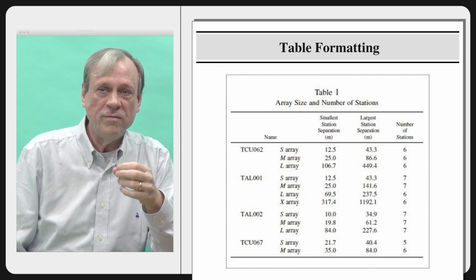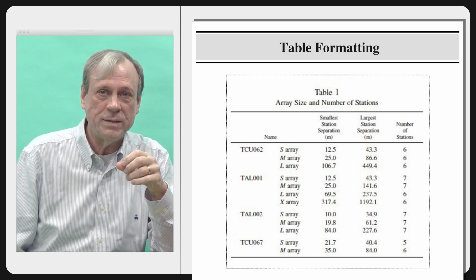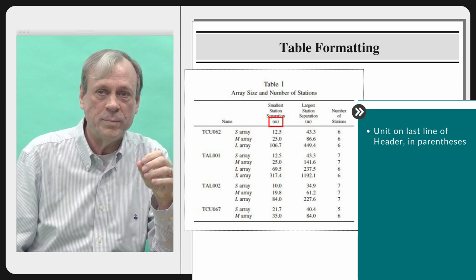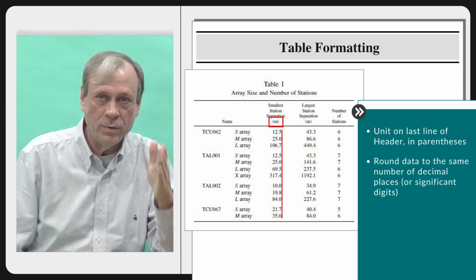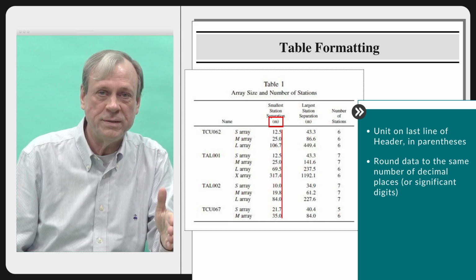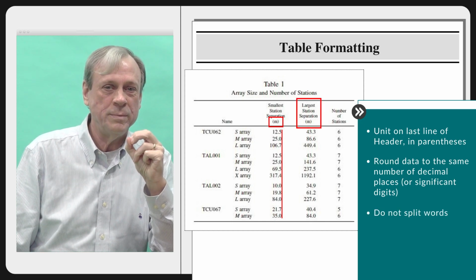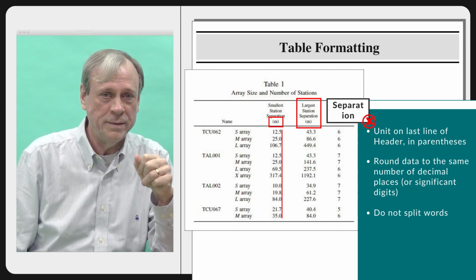So this is a well-formatted table, and you can see that it includes all the features that I talked about. It has the unit on a separate row in parentheses. It rounds all the data to the same number of decimal places or significant digits. And for Chinese particularly, pay attention that you don't split words across a line in the heading.